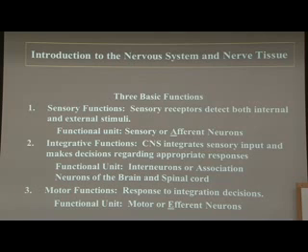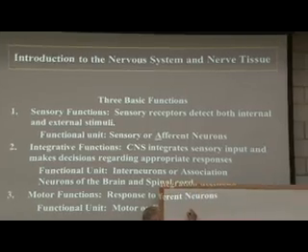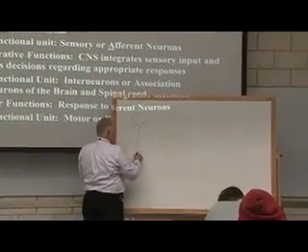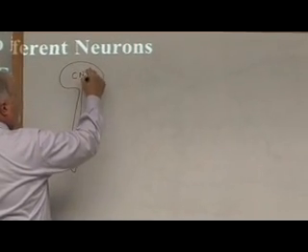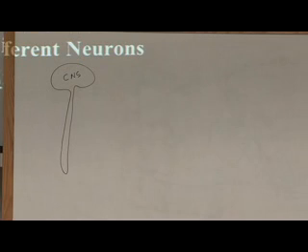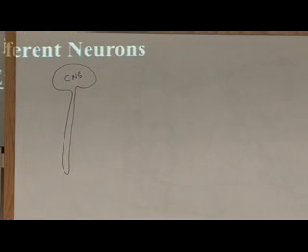The way we can think about the nervous system is that we have a brain, and then we have a spinal cord that make up the CNS, which is the central nervous system. It is our interpretive center that takes sensory information.